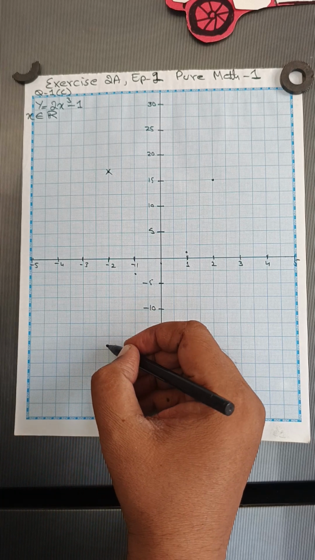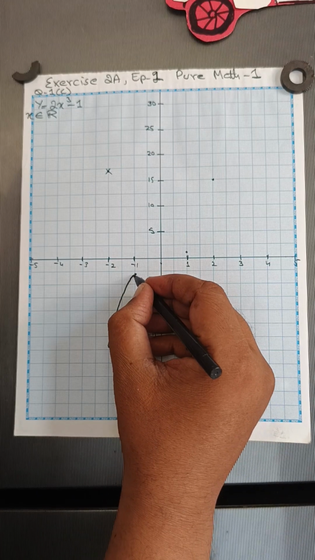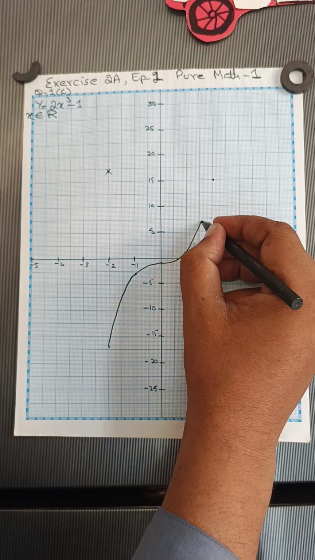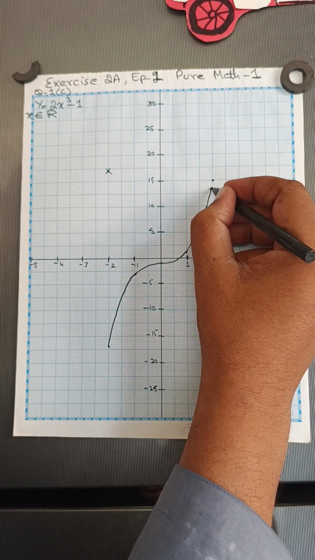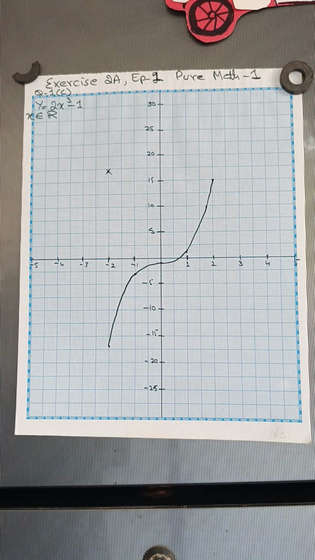So the graph is something like this. The graph is going like this. So this is the graph for y equals 2x cubed minus 1.